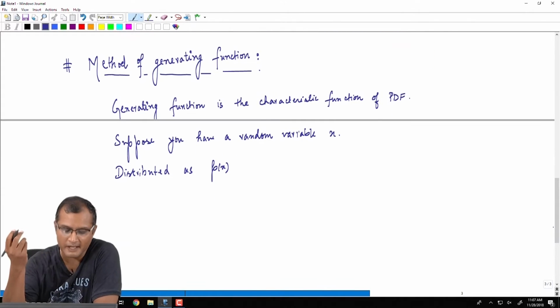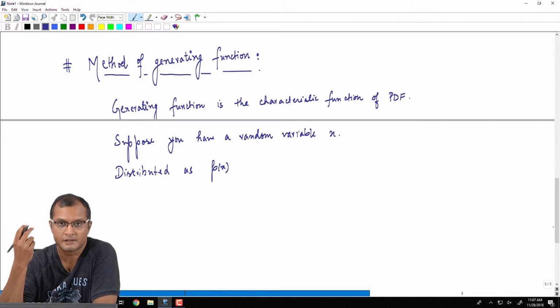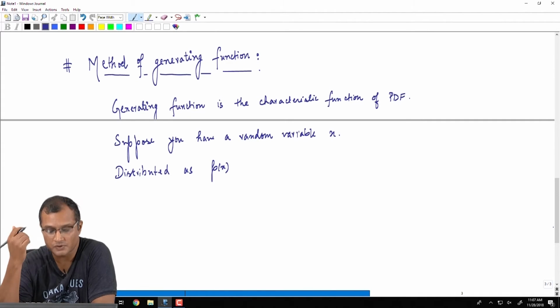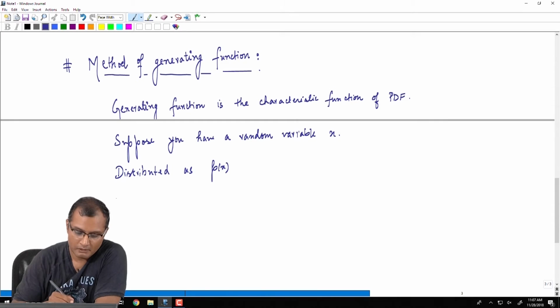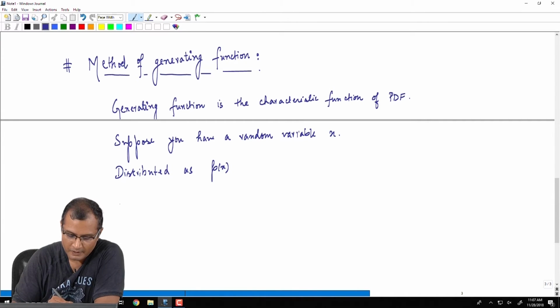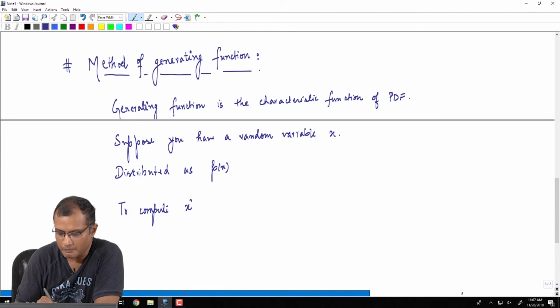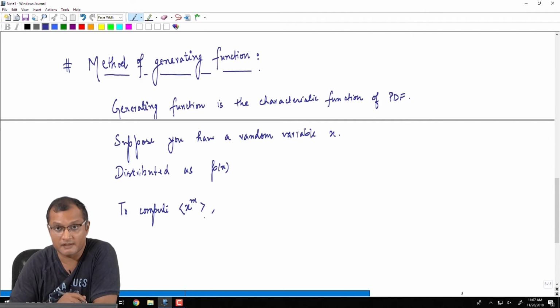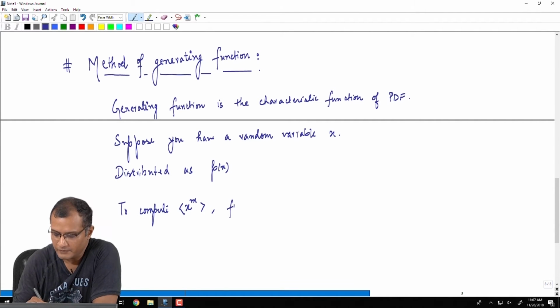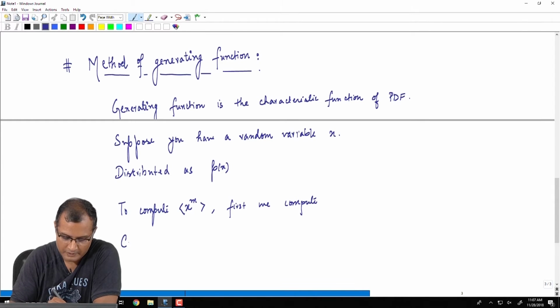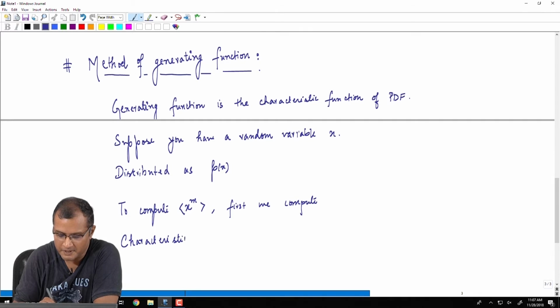So, you have a random variable x and it is distributed as p of x, that is the distribution of this random variable. Now, to compute the nth moment, we first compute the characteristic function, okay, which is nothing but a Fourier transform of the PDF.